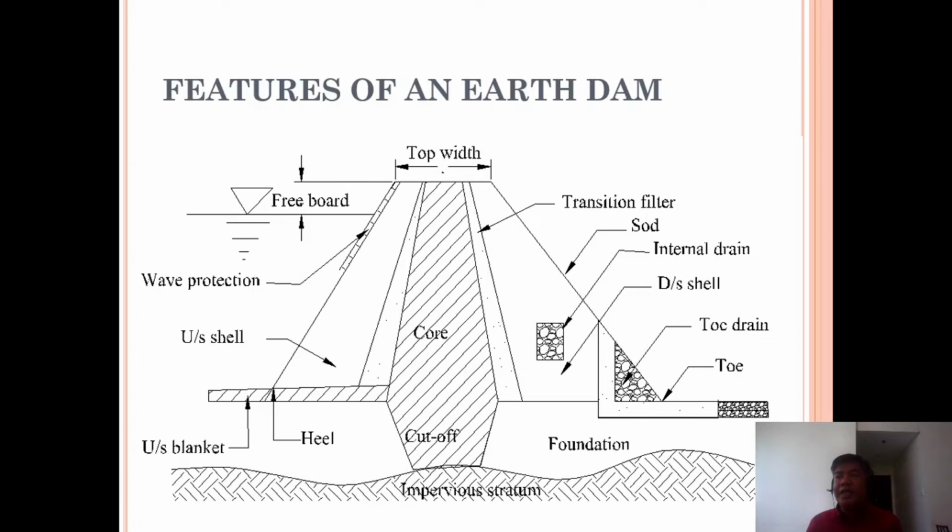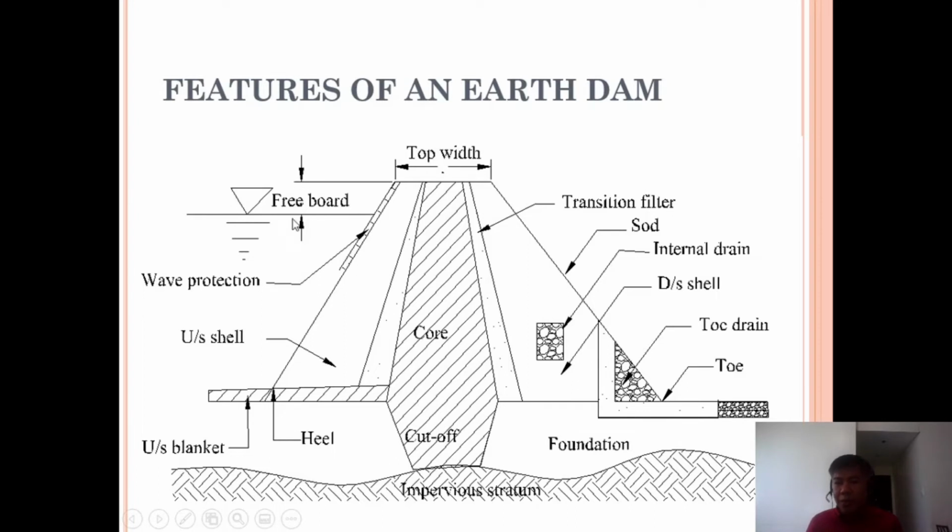Where can I get the freeboard, right? The base width, the slope, and so on. As mentioned earlier, I will be showing you some of the standards from the different codes and guides from different literatures in terms of coming up with the preliminary design of your earth dam.